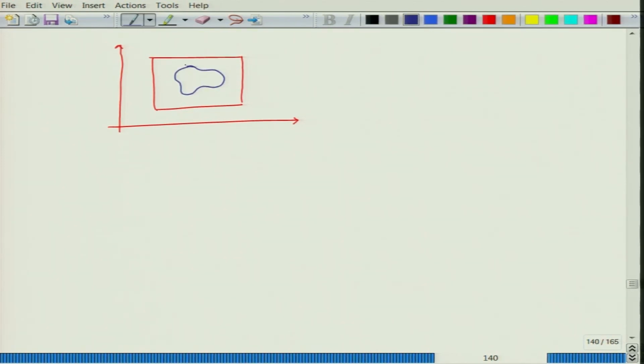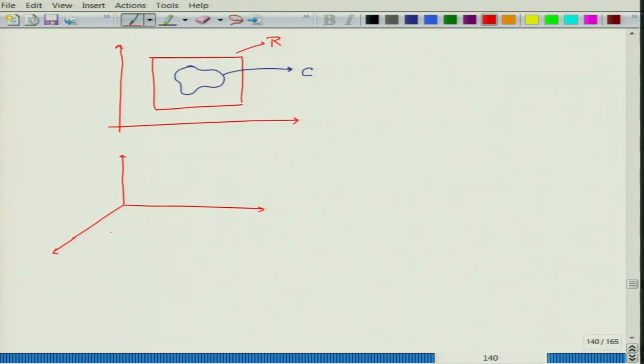But along this closed curve, say C in the rectangular domain R, along this closed curve C, f is discontinuous. That is, f could have a kind of a strange looking graph. So, basically it could be like this.